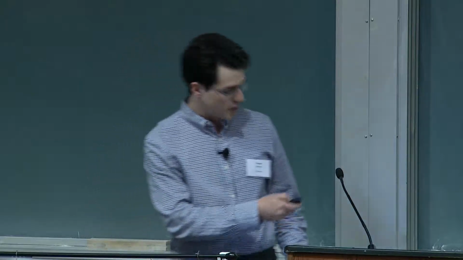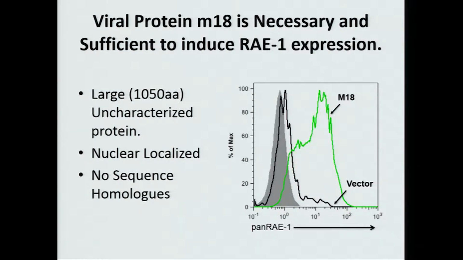But the most interesting piece of data that came out of this was the fact that if she simply expressed M18 outside the context of viral infection, she saw a huge induction of these ligands just with the protein by itself. And so this is where I came in, right when the focus of the project switched from how is MCMV inducing the expression of these ligands to how is M18 inducing the expression of these ligands.